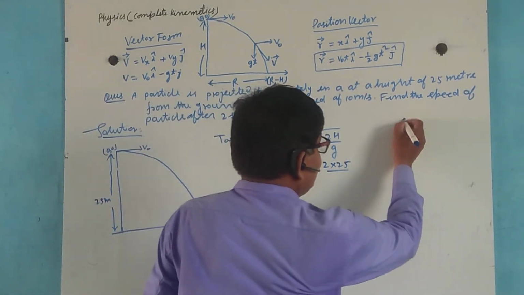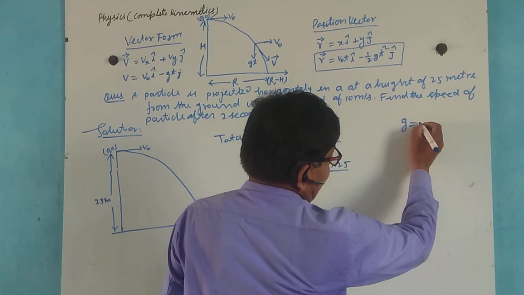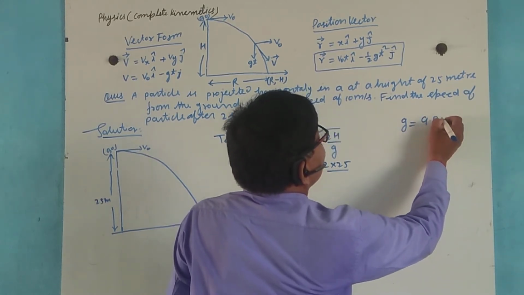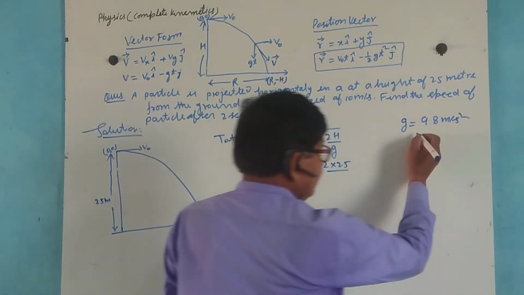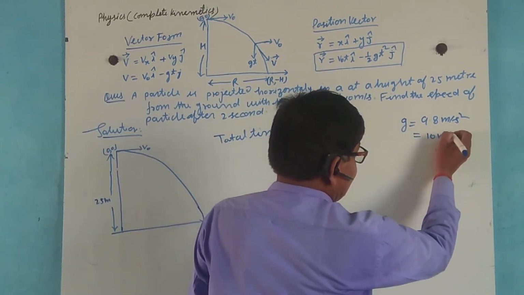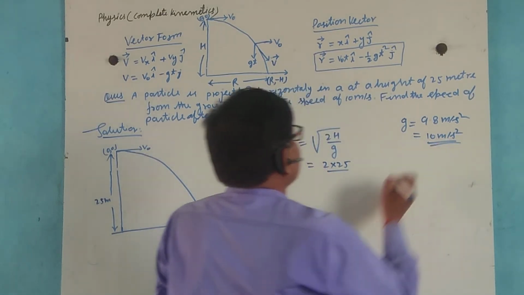Its value is 9.8 meter per second square, but we take 10 meter per second square for convenience.